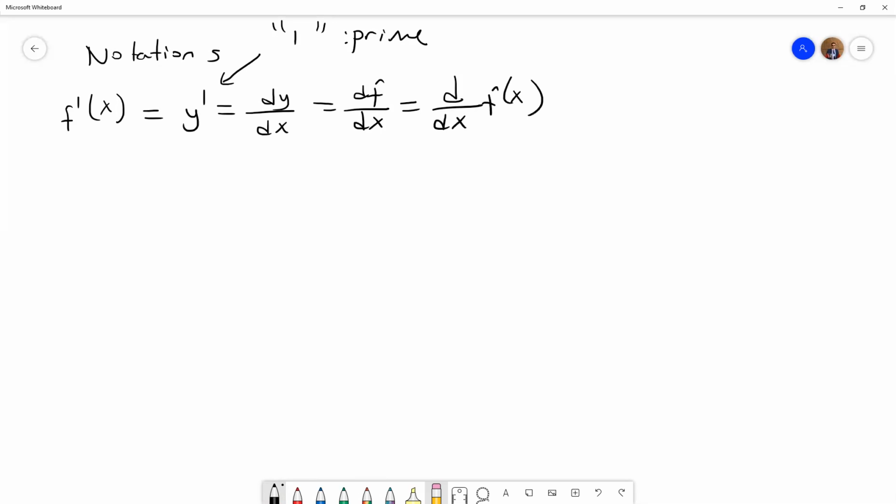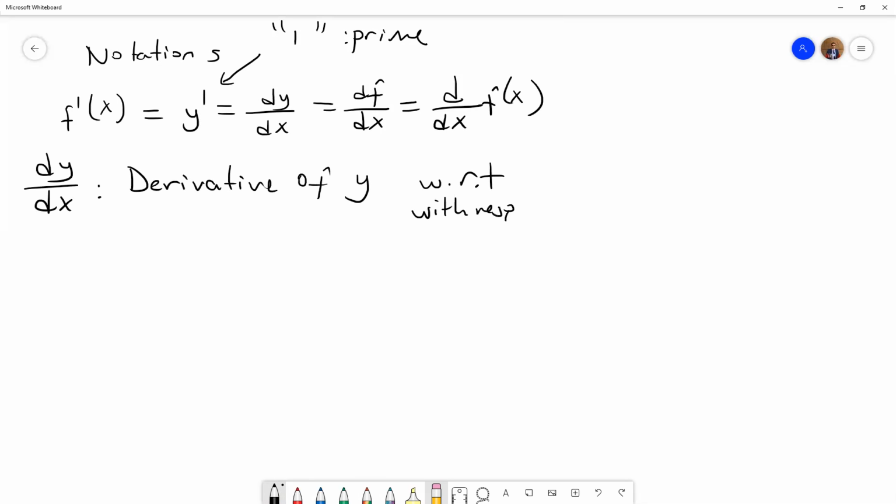And now I want to talk about this one, dy over dx. It is the derivative of y with respect to x.